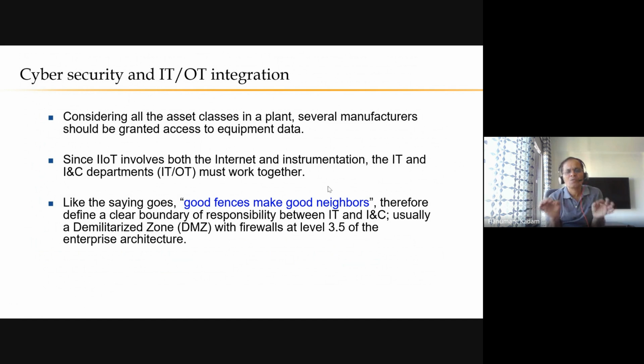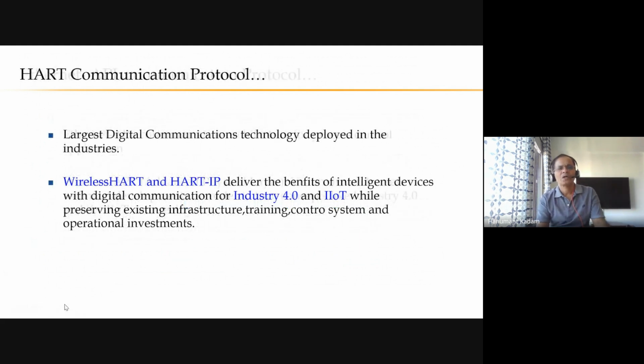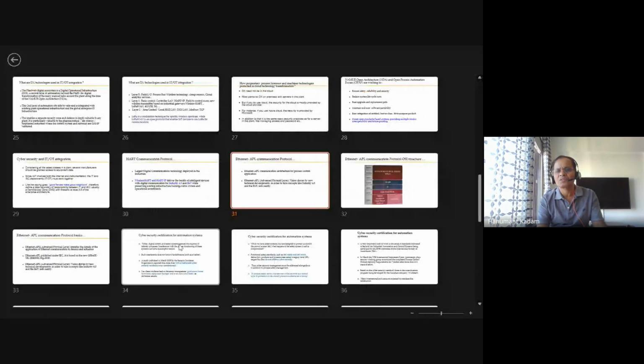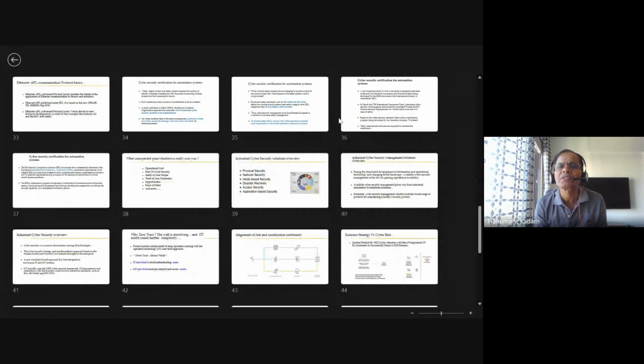So this is the security requirement for IT-OT convergence. This is important: DMZ with firewalls at level 3.5 in the enterprise architecture. This is what is required. I will show you some pictures of cyber security.